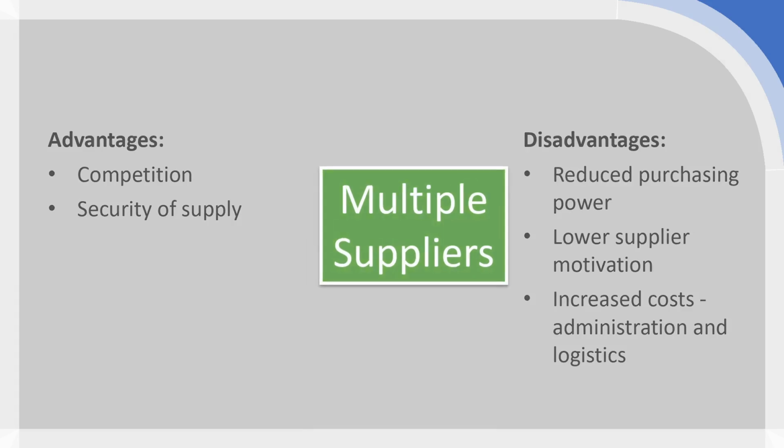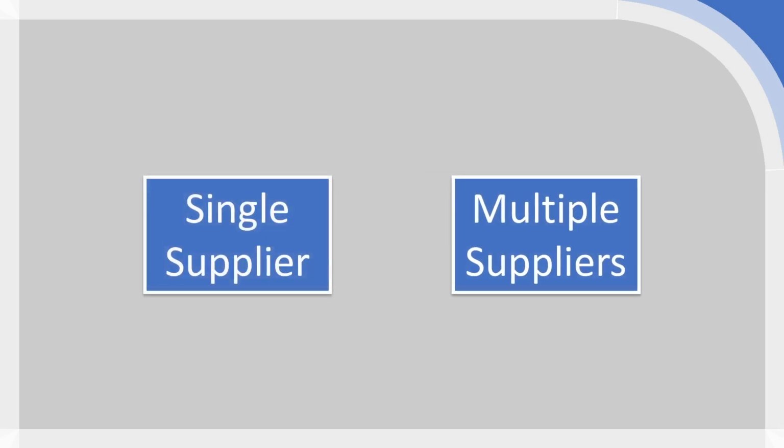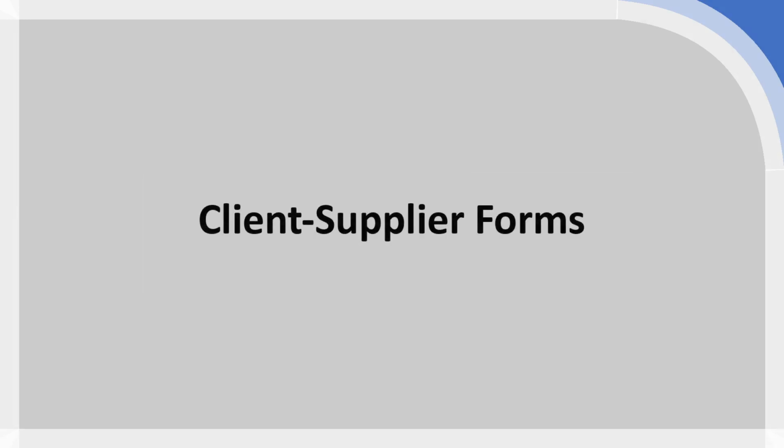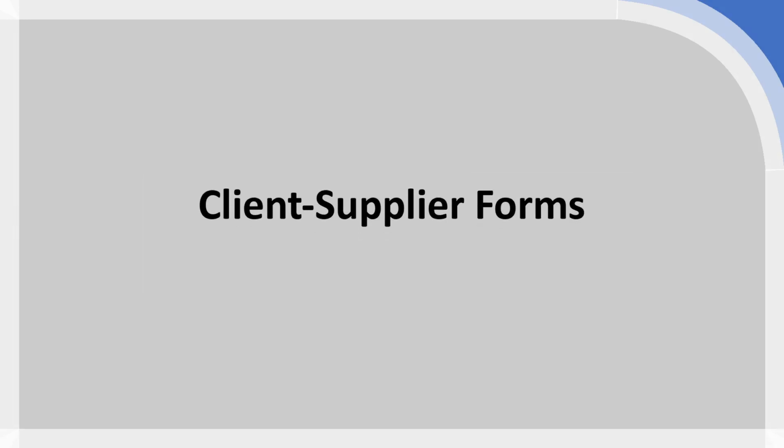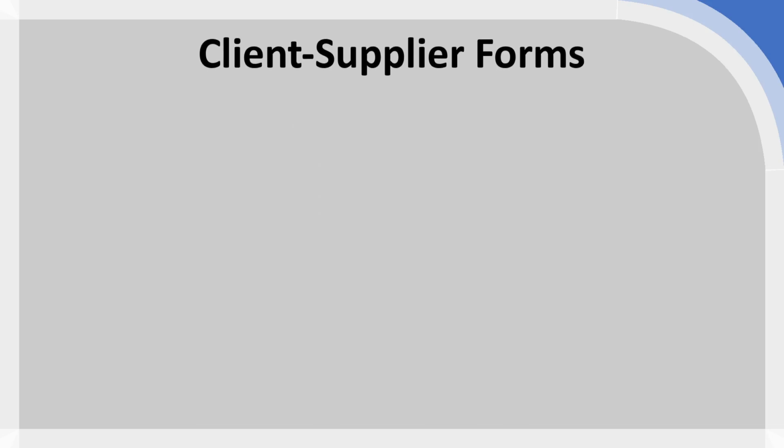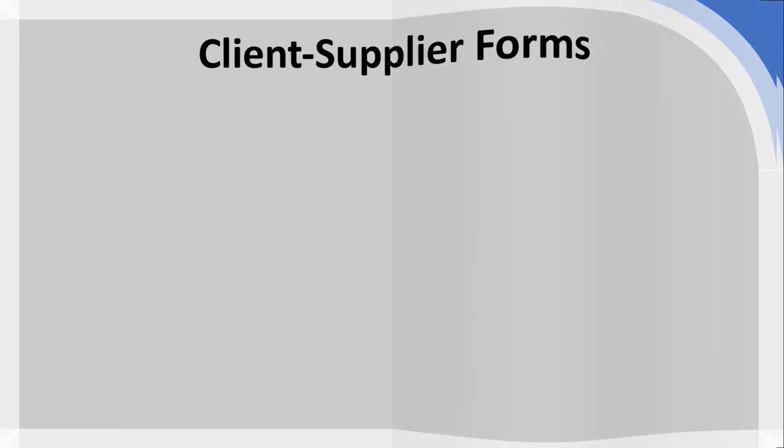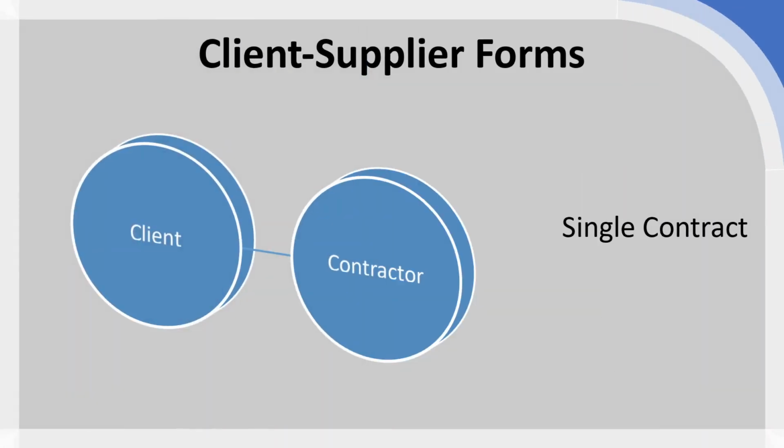So, if we have considered those in our procurement planning and we've made a decision, we can move on to looking at the different types of client supplier forms. So this is the form of the relationship that we can actually use. So there are some for multiple suppliers or single suppliers. But if we first just consider the simplest, the most straightforward of client supplier forms, that of a single contract.